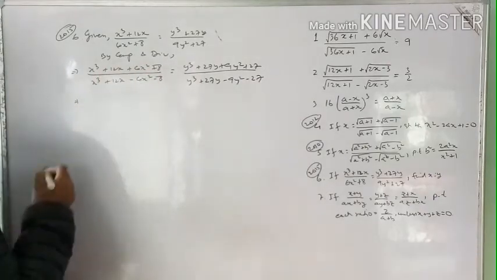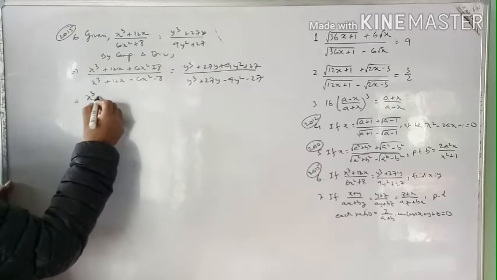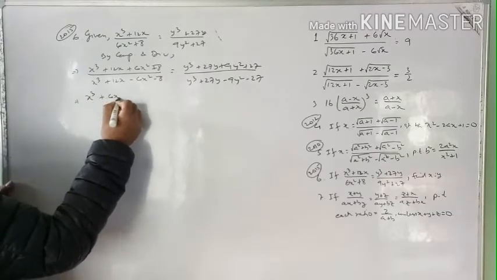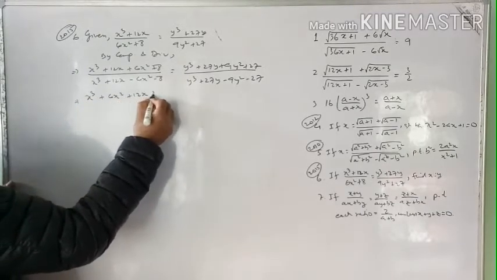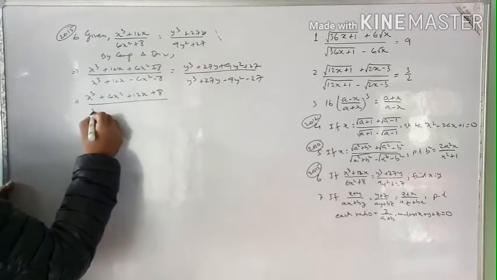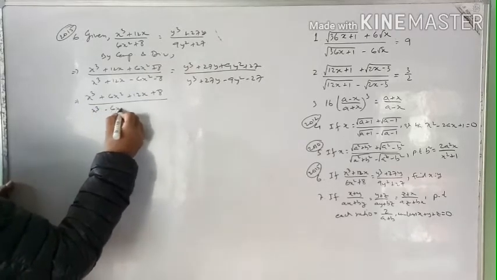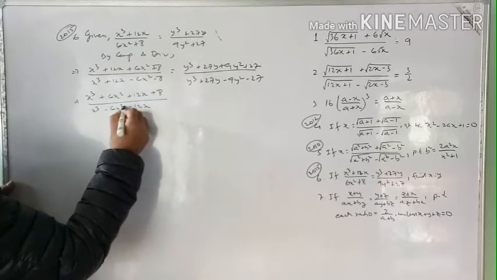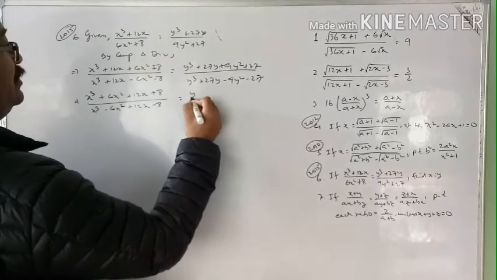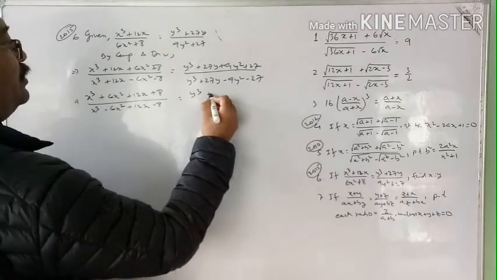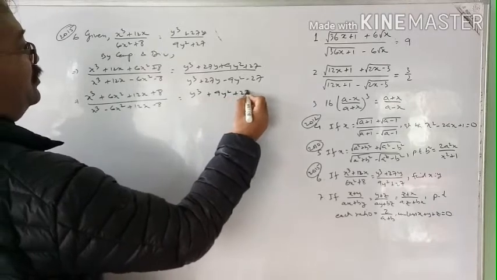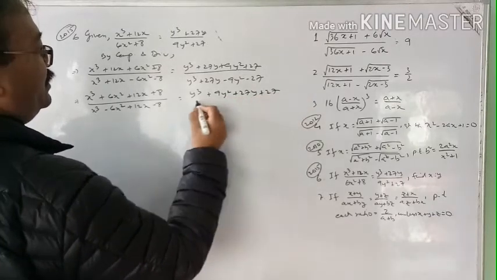Now let's write in descending power of x. Actually it's in the formula form, x cube plus 6x square plus 12x plus 8. Here x cube minus 6x square plus 12x minus 8. Here y cube plus 9y square plus 27y plus 27.